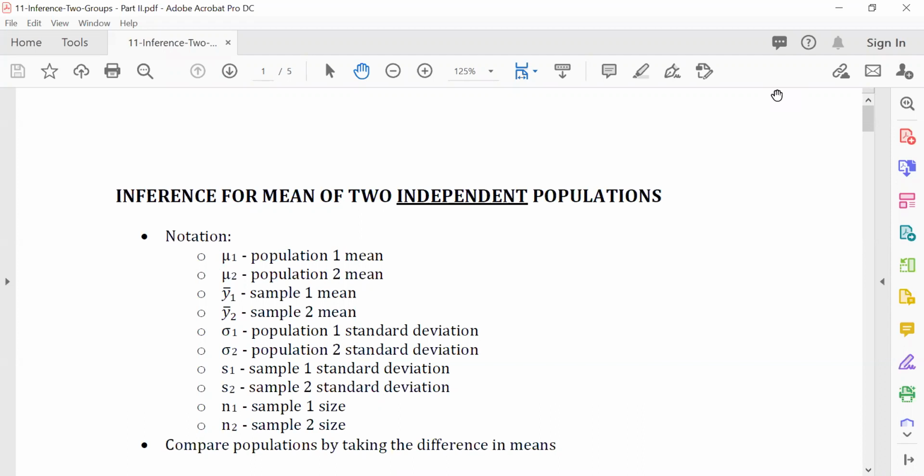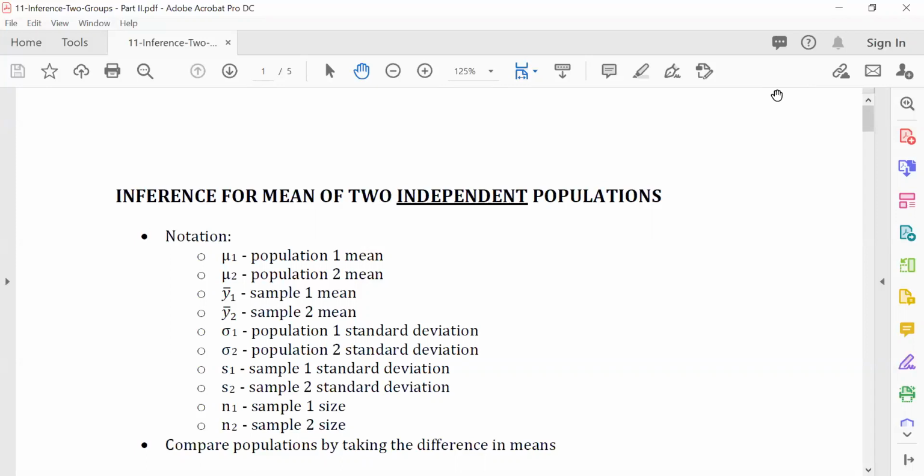The first step is to identify the type of data, whether it's paired data or independent data. In the lecture on April the 1st, we talked about how to do inference on paired data. Now, in today's lecture, we are going to talk about how to do inference for two independent populations.